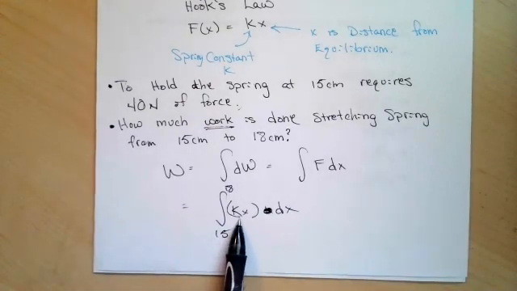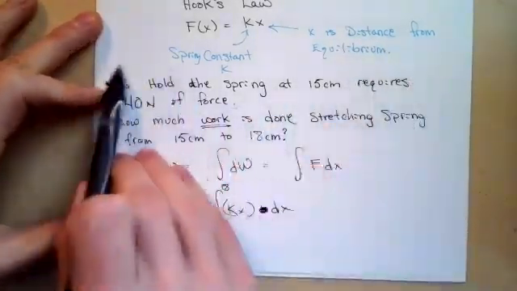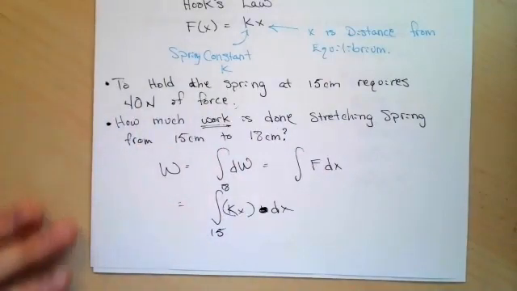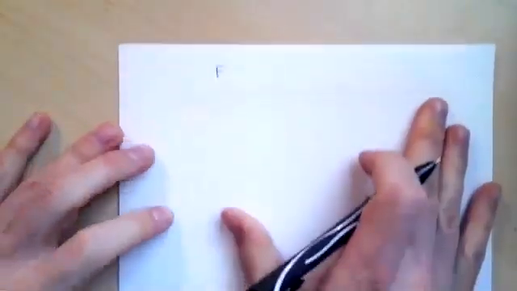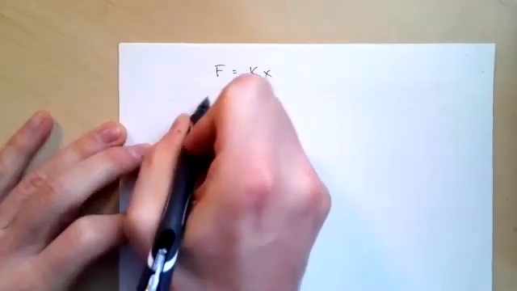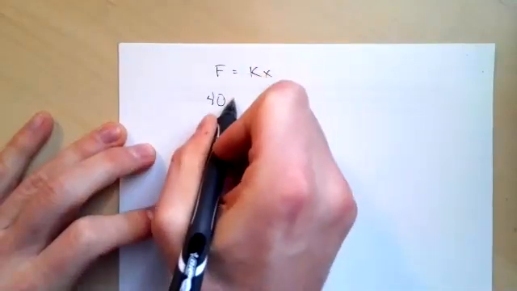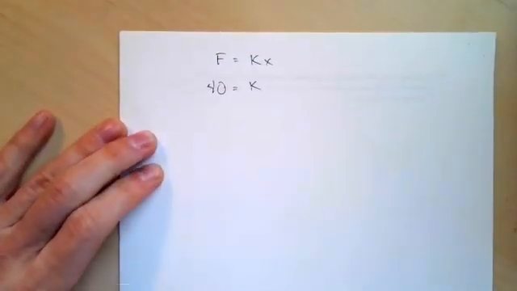Of course, we need to actually find k. So how do we find k? We find k by the first piece of information. We could do that first, or you could do it at the end if you want. We know that to hold the spring at 15 centimeters requires 40 newtons. 40 newtons is a force. k is our constant we're looking for.